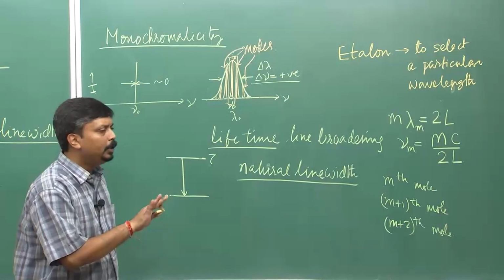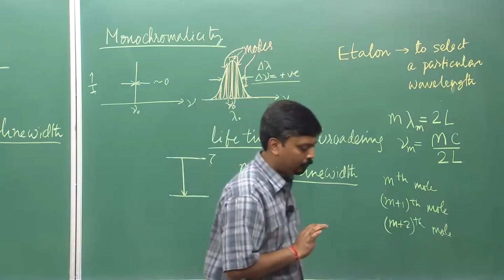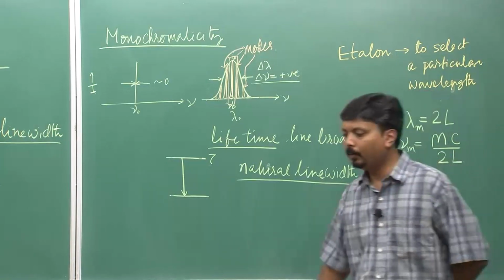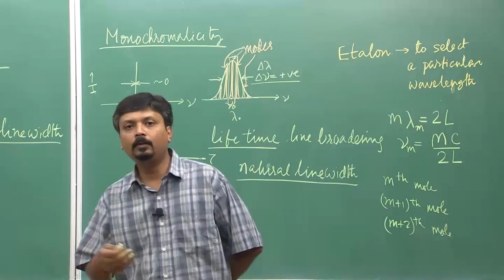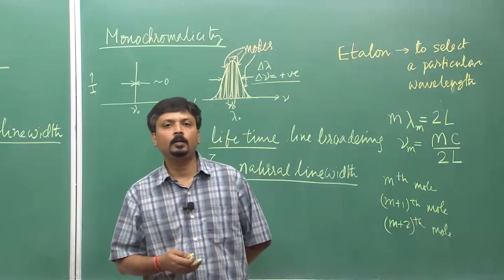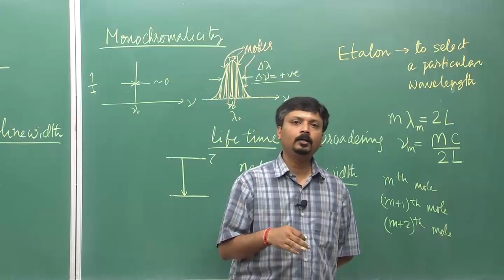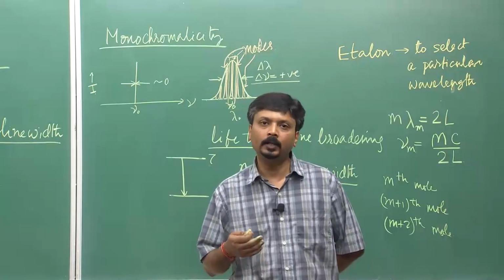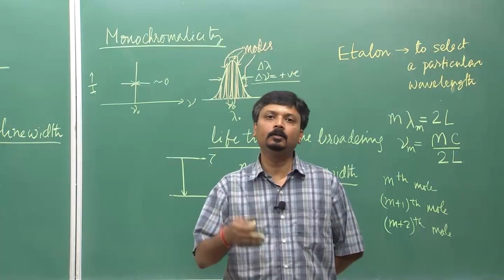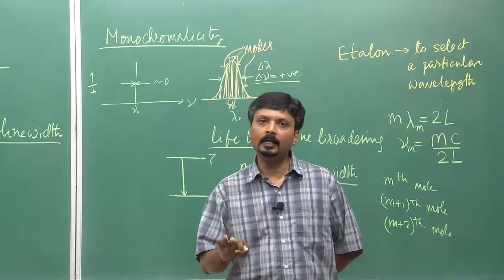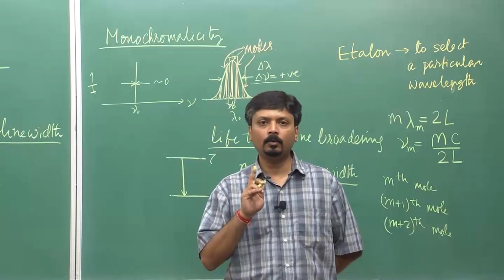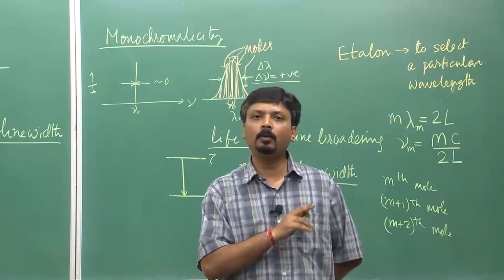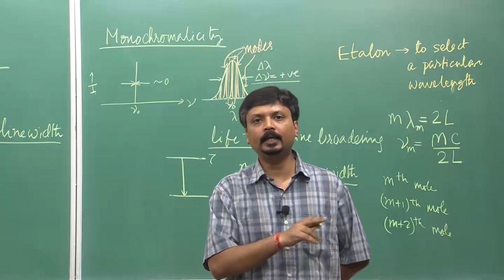We will not go into the detail of the mechanism of the etalon, but what I can tell you very simply is this particular optics, the etalon, works pretty similar to a cavity itself, and cavities support particular modes. So, if this is inserted into the laser cavity in a proper way, then it will select only one mode, and that particular mode keeps oscillating inside the cavity and getting amplified.